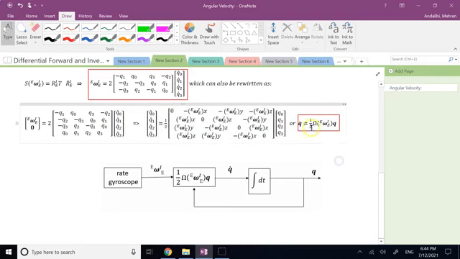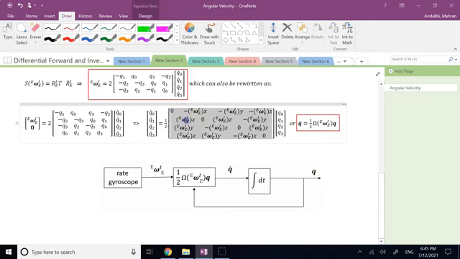If you want to write it in matrix notation, you can say that Q dot is equal to 1/2 a 4x4 matrix formed from omega components, which here you're showing with cap omega, times the quaternion Q.